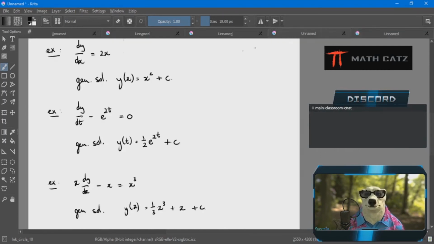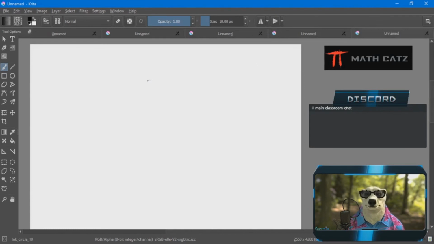If I look at this first one, what is this asking? It's asking for a function that has as derivative 2x. And I found that they are basic parabolas, but shifted in a way I don't know. So if I graphed the answer, well, I don't know which one to graph.